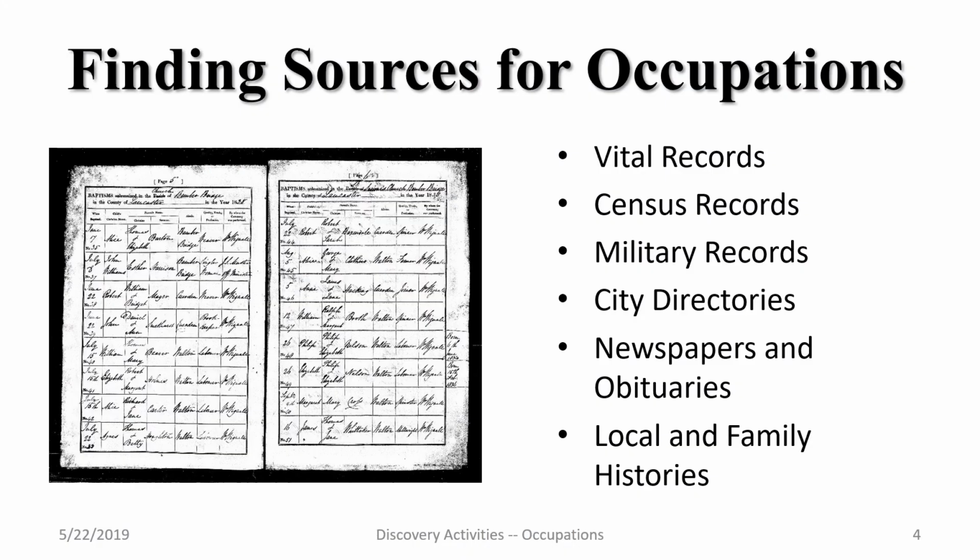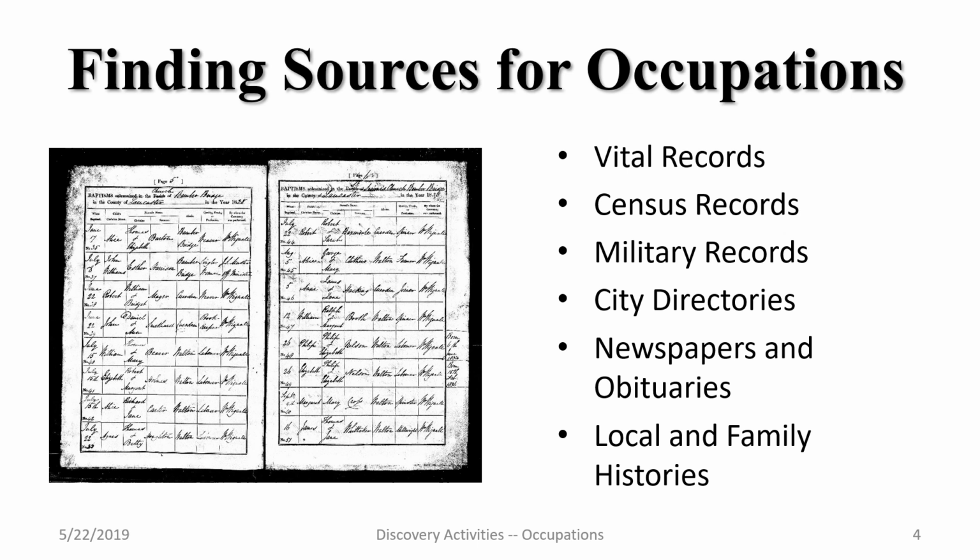The occupation of your ancestors can be found in many different types of records. The image shown here is of a baptismal record, which includes a column for the quality, trade, or profession of the parent. Marriage records, birth and death records also often give this information.